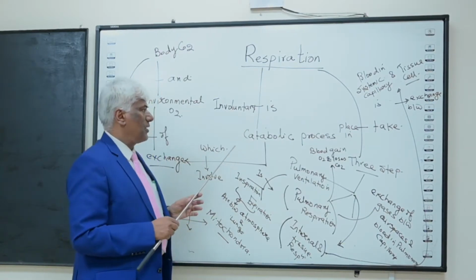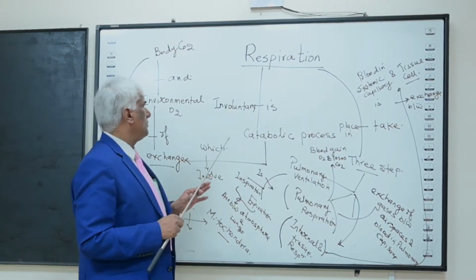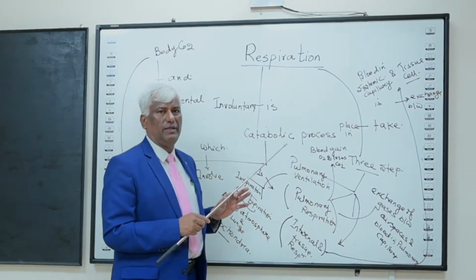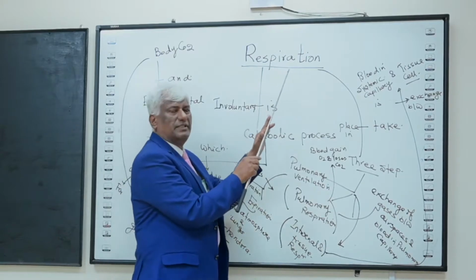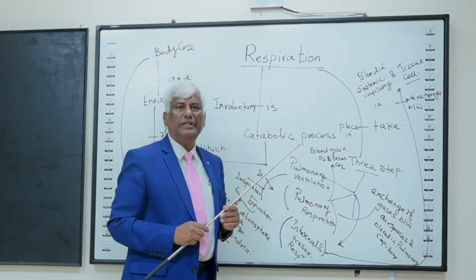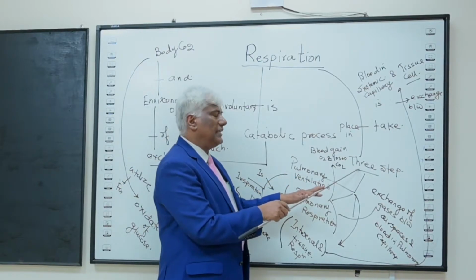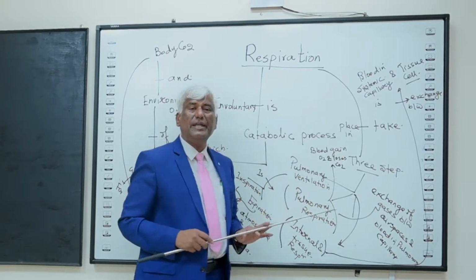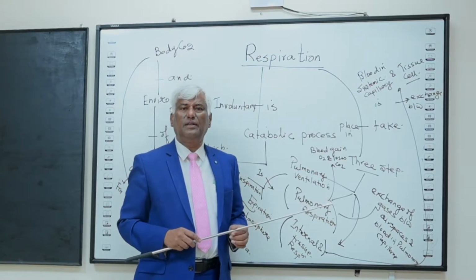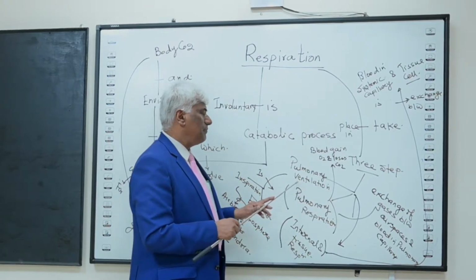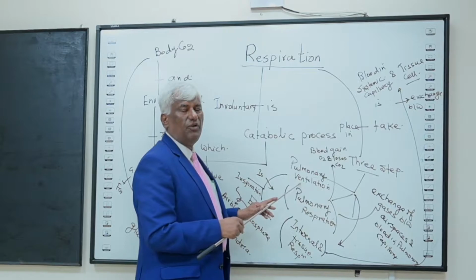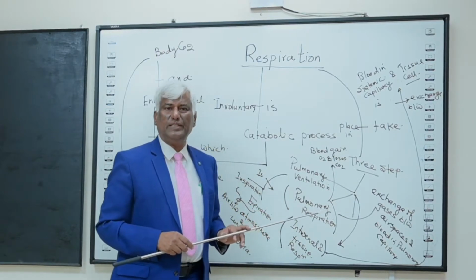Right? Next, I would like to tell you one thing which is very important. The whole respiration we have divided into 3 steps. And what are the names of the steps, my dear students? The first one is called pulmonary ventilation.